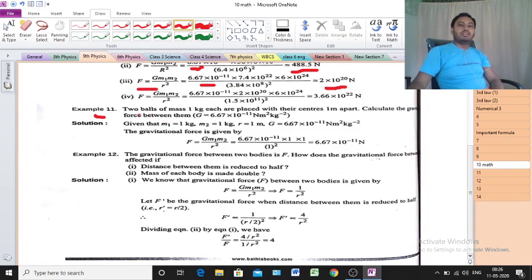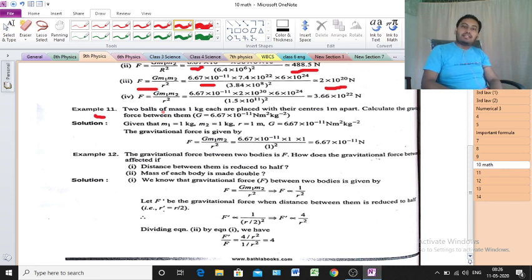What is this? Two balls of mass 1 kg each are placed with their centers 1 meter apart. See what it says: two balls of mass 1 kg each, so there are two balls and the mass of each is 1 kg, this one also 1 kg. Clear?